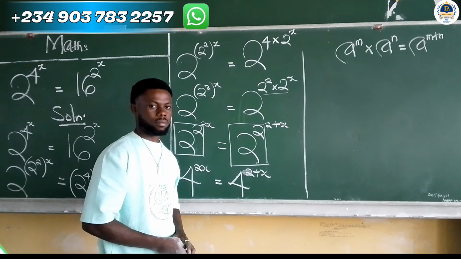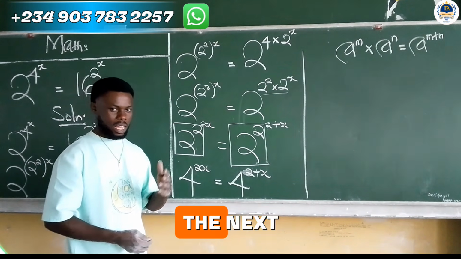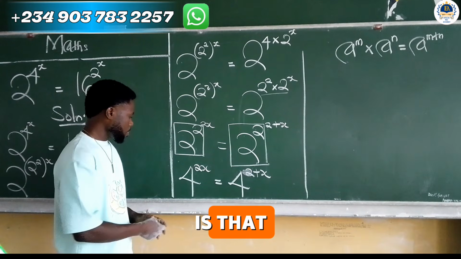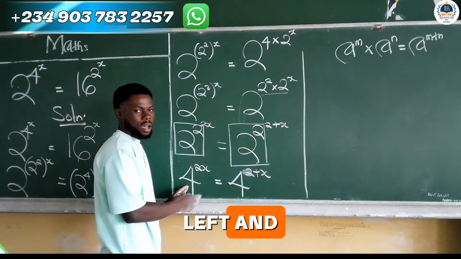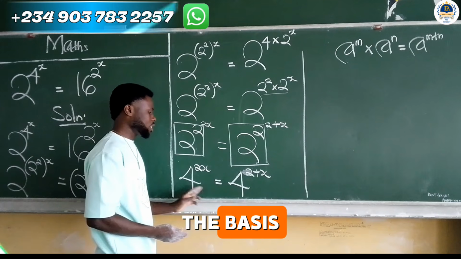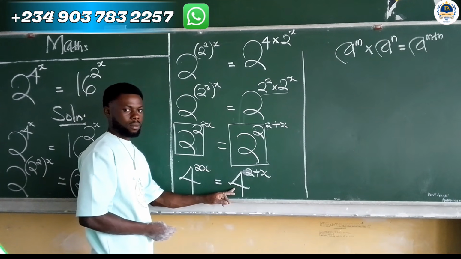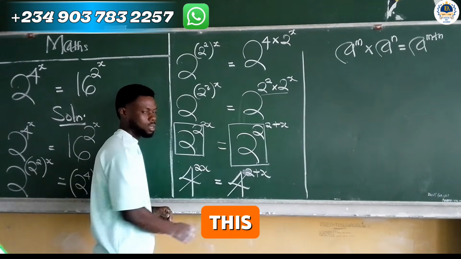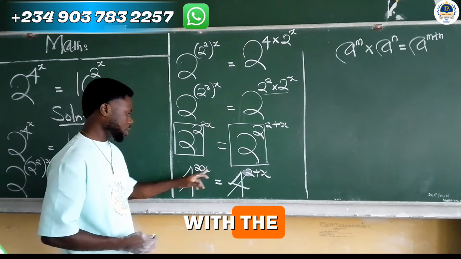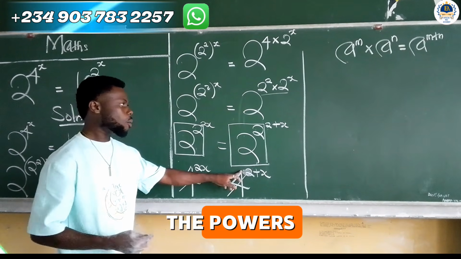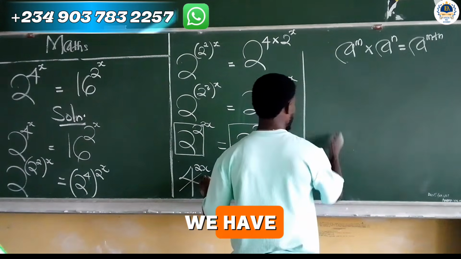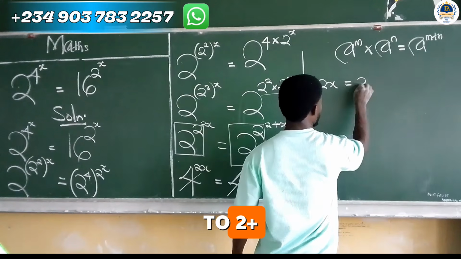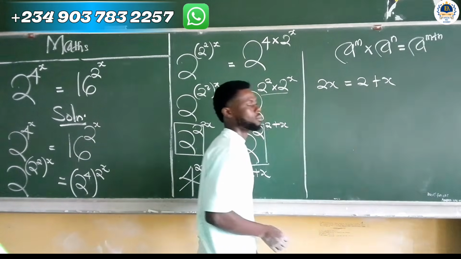What did you notice? And what should be the next step? Now, the observation is that on the left and right hand side of the equation, the bases are the same. So what should we do? This will cancel this. We are going to be left with the index. So in the powers, or the index, we have 2x is equal to 2 plus x.